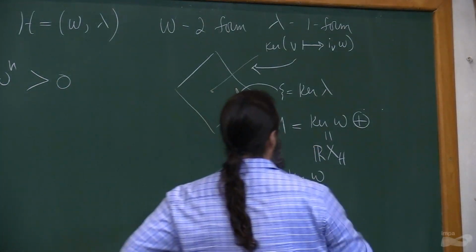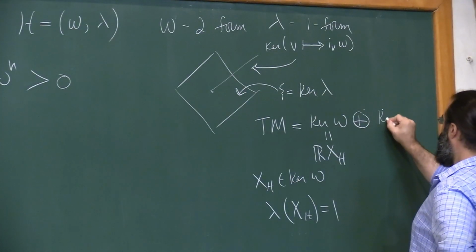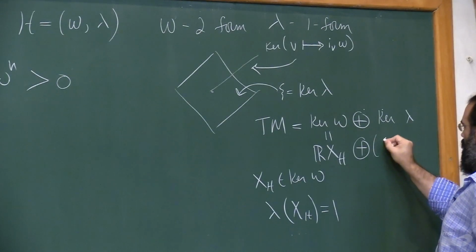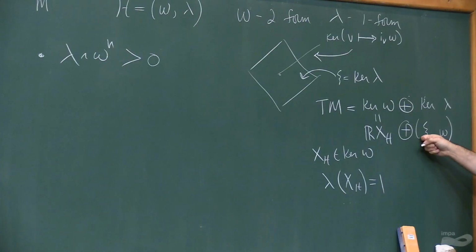And then the other component of this splitting is this hyperplane distribution, kernel lambda, which I'm denoting by C. And this condition also implies that omega restricts to a non-degenerate form on C. So I actually get a symplectic vector bundle.